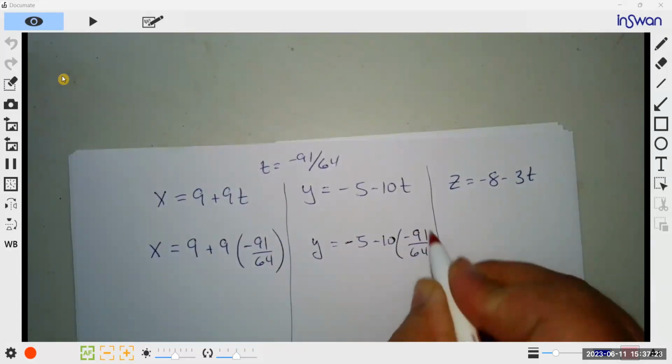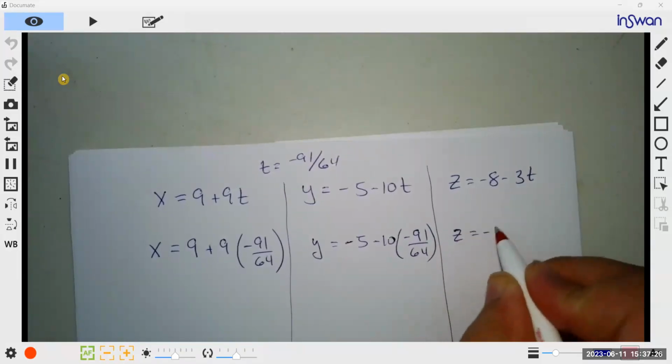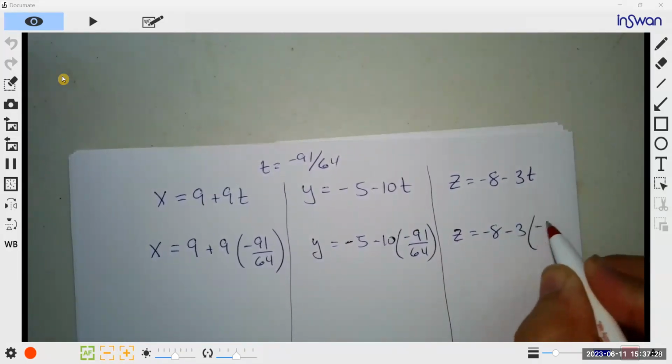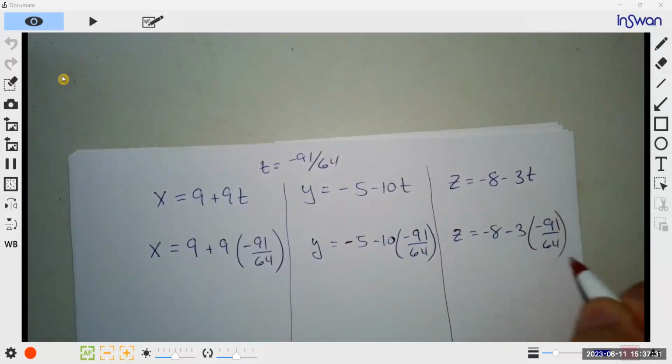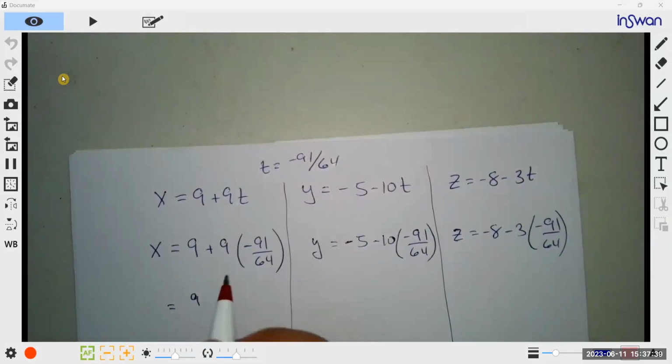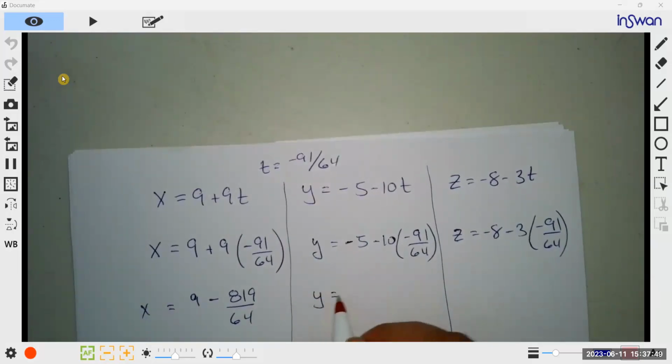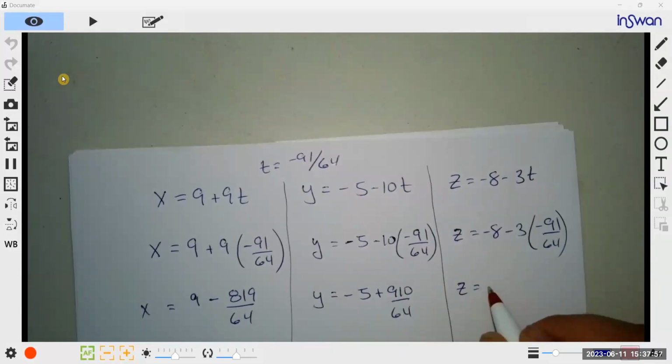Negative 91 over 64. Of course, you guys use a calculator.